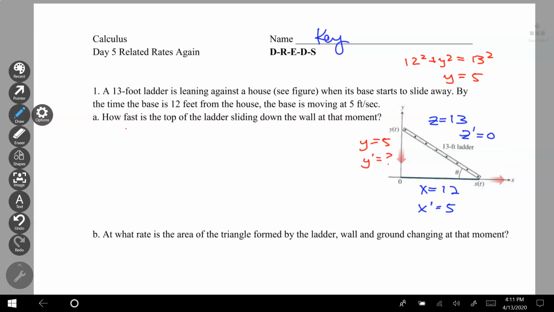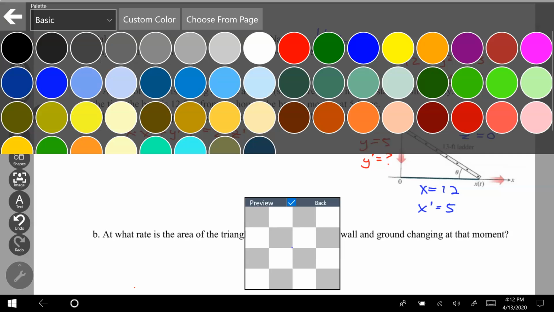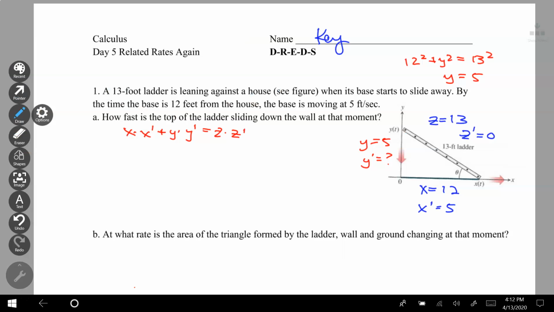Of course, my Pythagorean theorem, x times x prime plus y times y prime is equal to z times z prime. I'm going to fill in with what I know. 12 times 5 plus 5 times y prime is equal to 13 times 0.